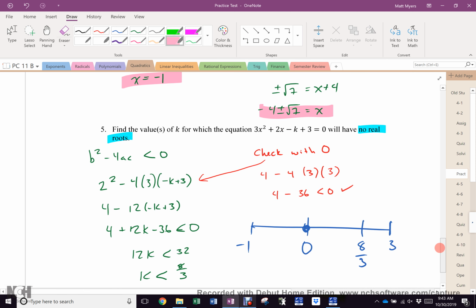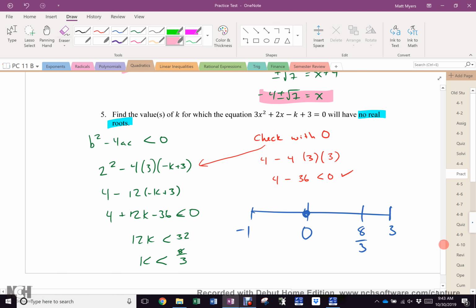And 5. This was the last thing we did yesterday. K had to be less than 8/3, so we check, and it worked. Because 0 is less than 8/3, and it worked. When do we really have to check these?